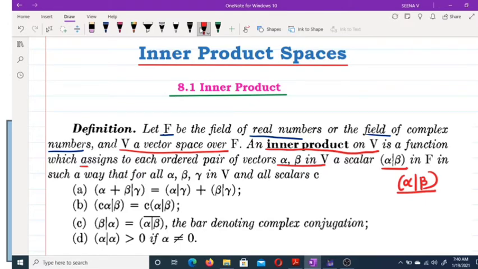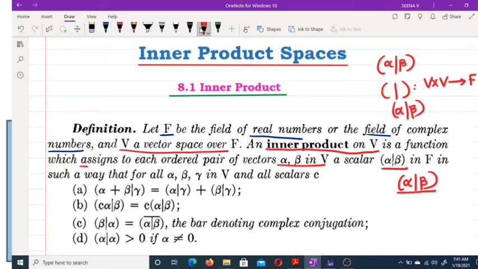So what is actually an inner product? Actually, this notation is a function from V cross V to F, which satisfies conditions. So for each alpha and beta, we get the inner product of alpha and beta.